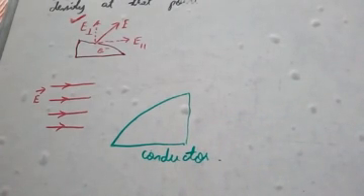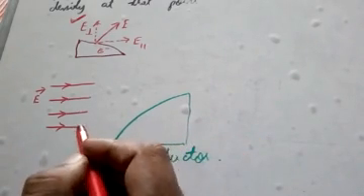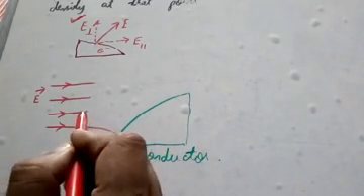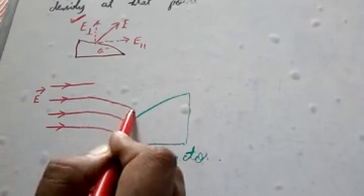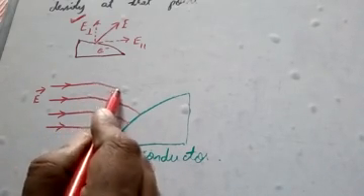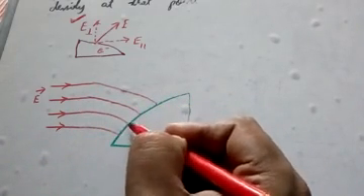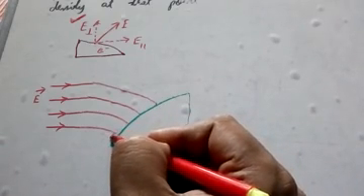How will the electric fields go? Will they be parallel or perpendicular? The electric field will come here and hit the conductor on this part. Here it will curve and hit this part. Even though the conductor is curved, at these points the electric field is perpendicular.